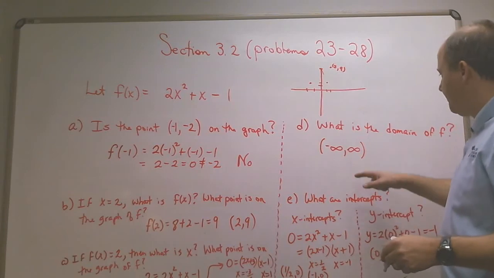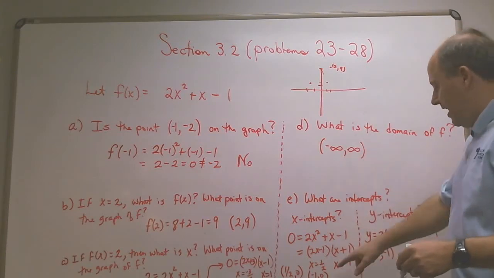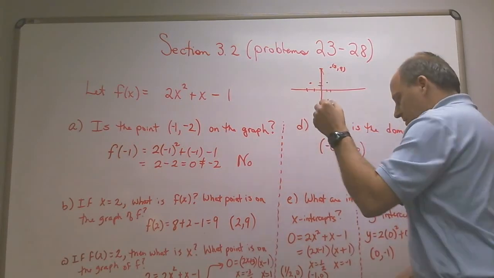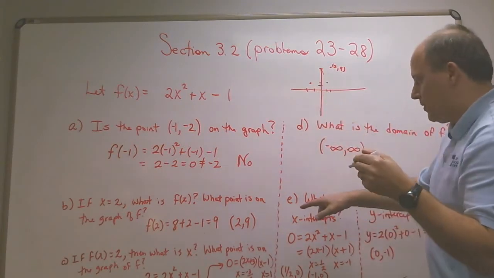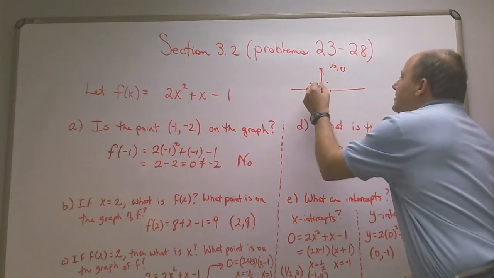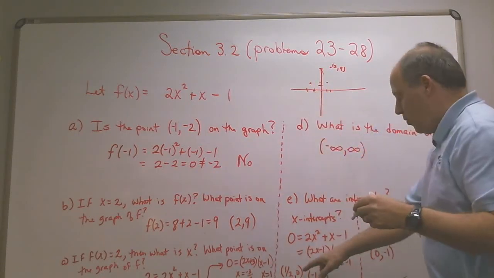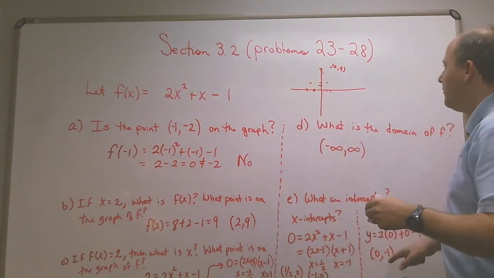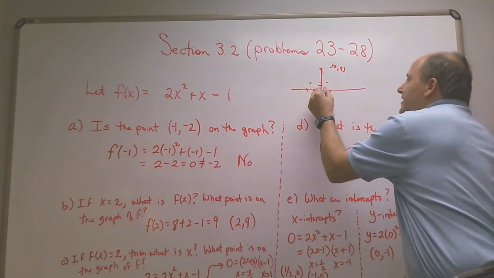So the domain is all real numbers. The x-intercepts are at (-1, 0), which is right there, and (1/2, 0), which is right there. And then (0, -1), which is there.